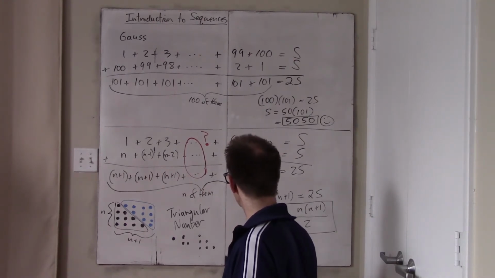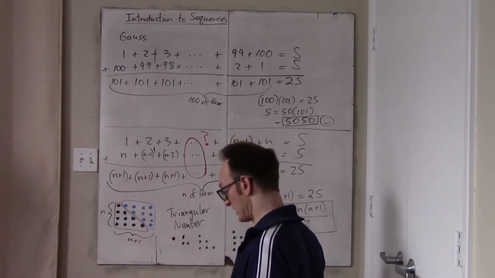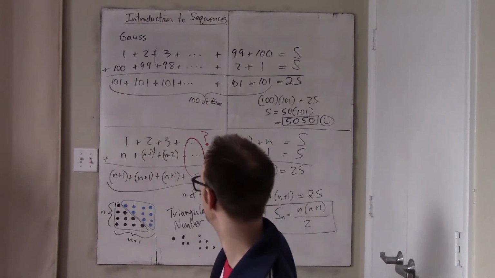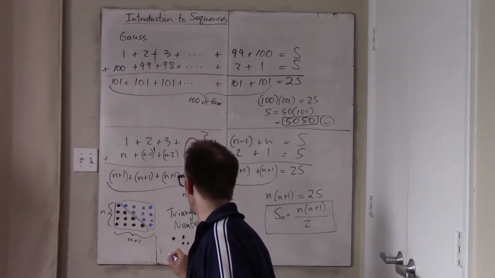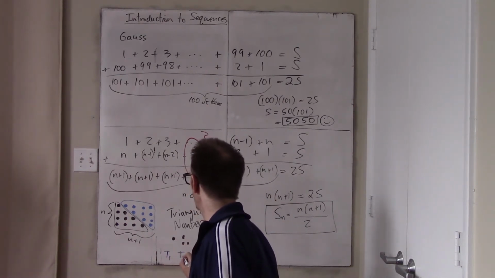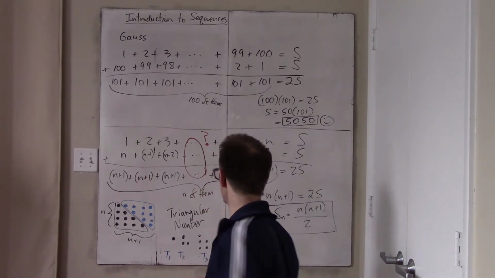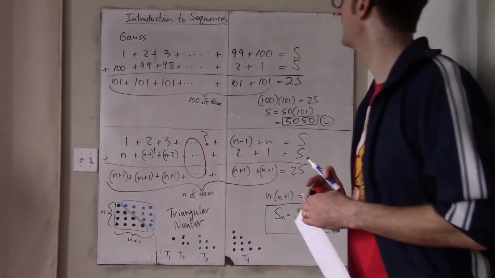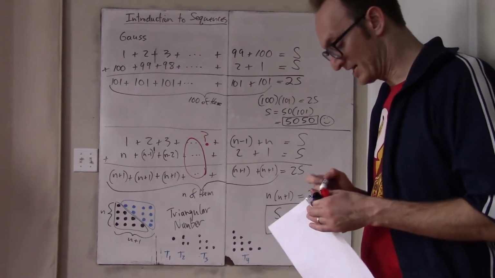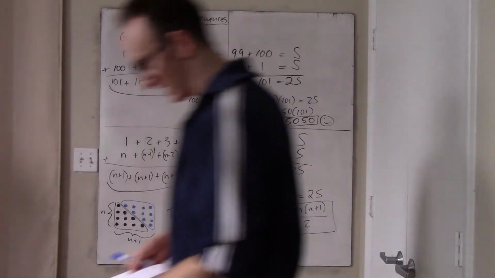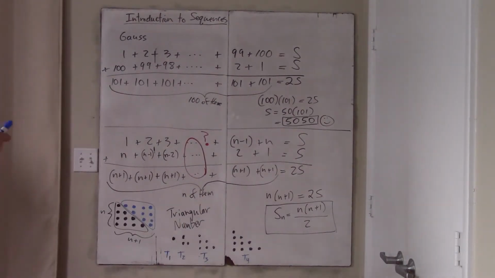There's even a notation for this, which is to use T. So T1 is 1, T2 is 3, T3 is 6, and T4 is 10. Great, this was just an introduction and a taste of this whole unit.